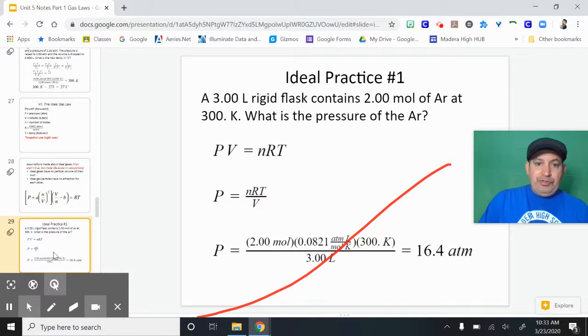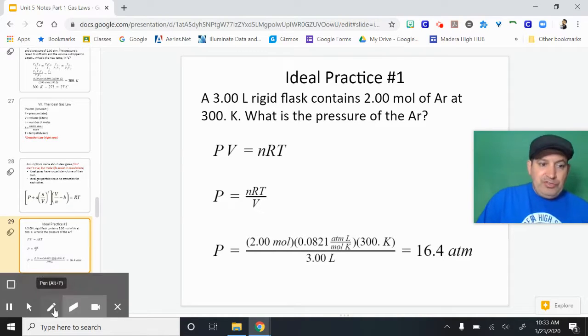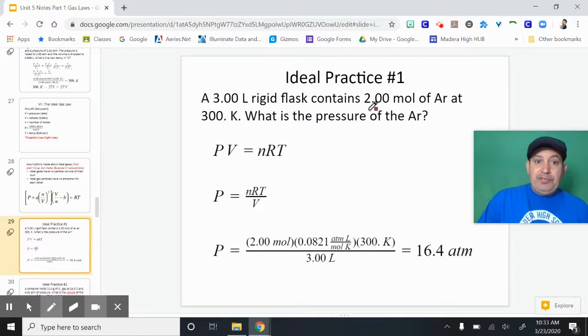Okay. So let's look at a typical ideal gas law problem. It says a 3-liter rigid flask contains 2 moles of argon at 300 Kelvin. So I look at this problem, I see 3 liters, I see volume.